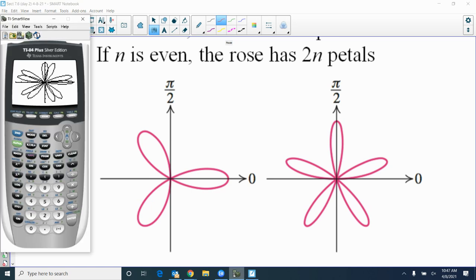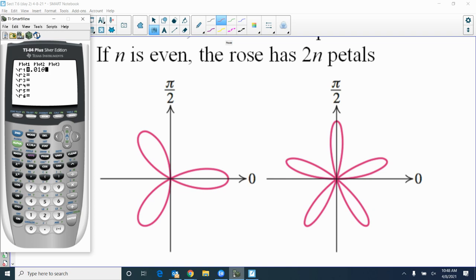All right, one more I want to cover, and I want to see if you can predict what this will look like. I'm going to do r equals 0.01 theta.